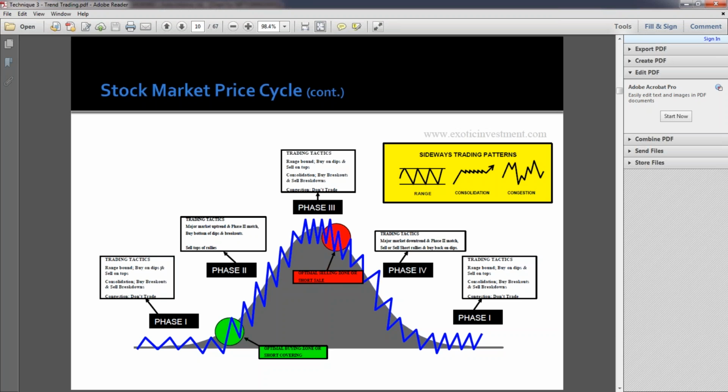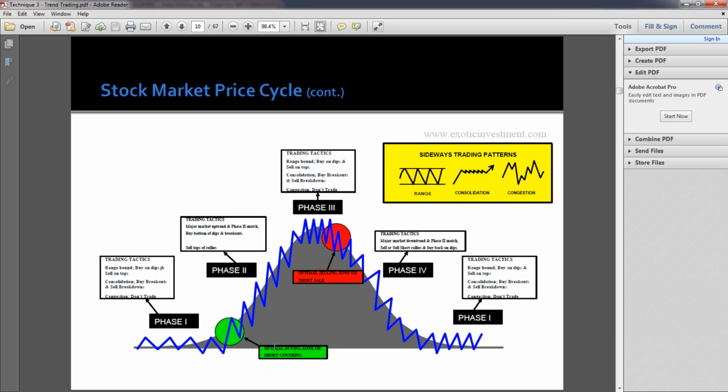So let us consider the phases of the market. The market goes through these phases. One is the trade where it is starting and it is the buying zone, or it may be a short covering. Phase 2 is where it is having a major market uptrend, and phase 2 means buy bottoms and dips and breakouts.